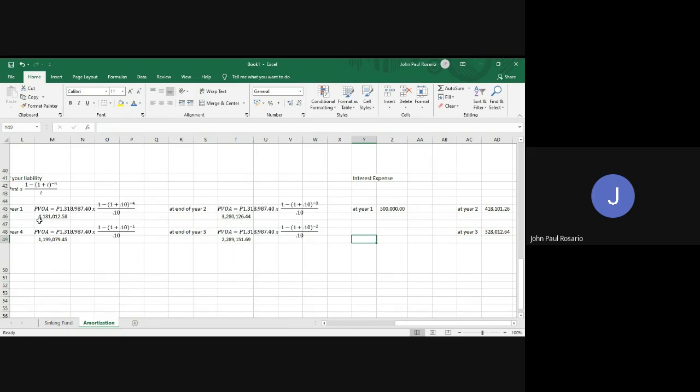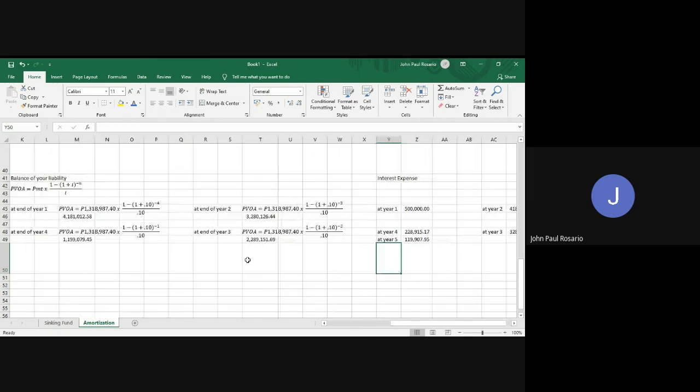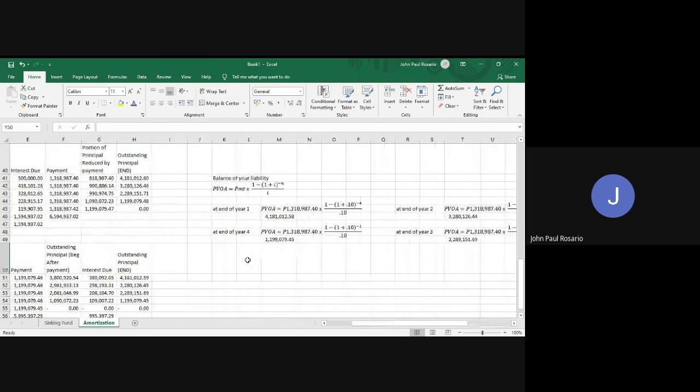For year four, again, get the balance at year three and then multiply that by 10%. And for year five, just for the sake of completing it, you get the balance at year four and multiply it by 10%. So if you check the table, that's 500,000, 500,000, 500,000.